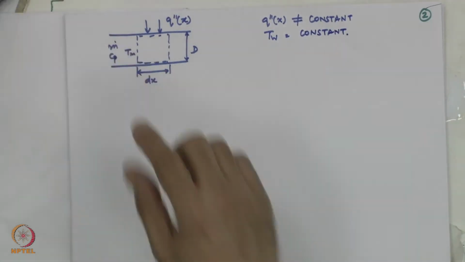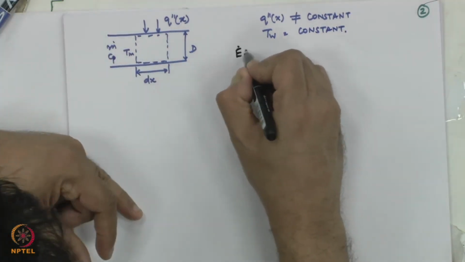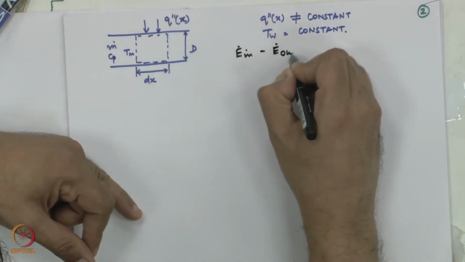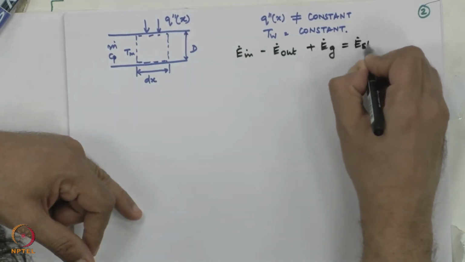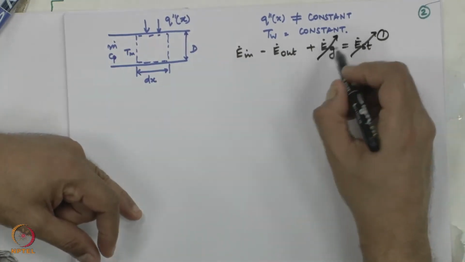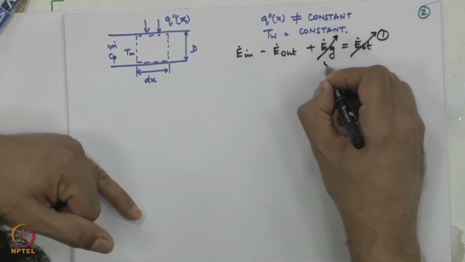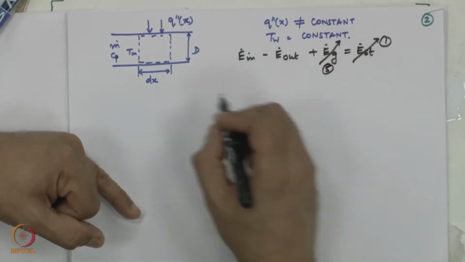So, if I write the energy balance, we start with our favorite equation: E dot in minus E dot out plus E dot generated equal to E dot stored. At steady state, assumption 1, this goes off, and with no volumetric heat generation, which is your assumption number 5, E dot in minus E dot out is equal to 0.